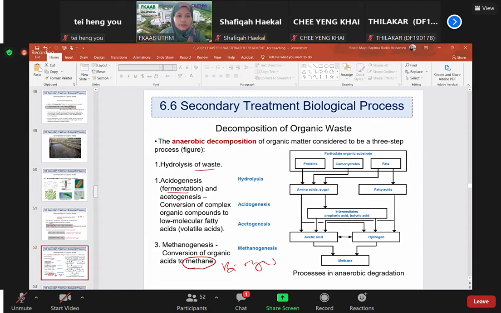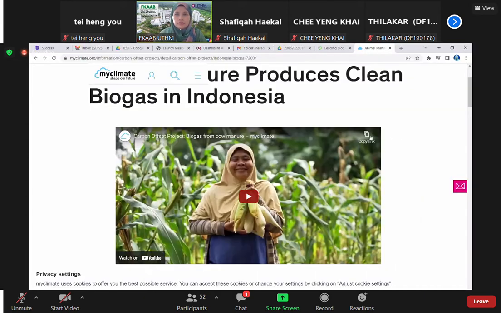Ni 2 minit saja, tak lama lah, kita tengok sekejap. Saya share. Ini untuk small scale lah.